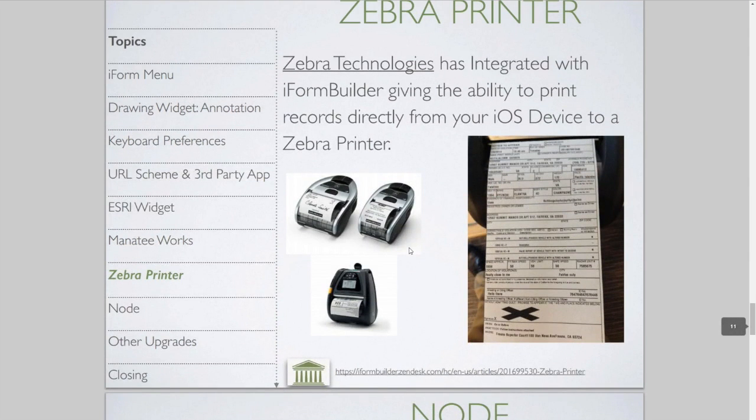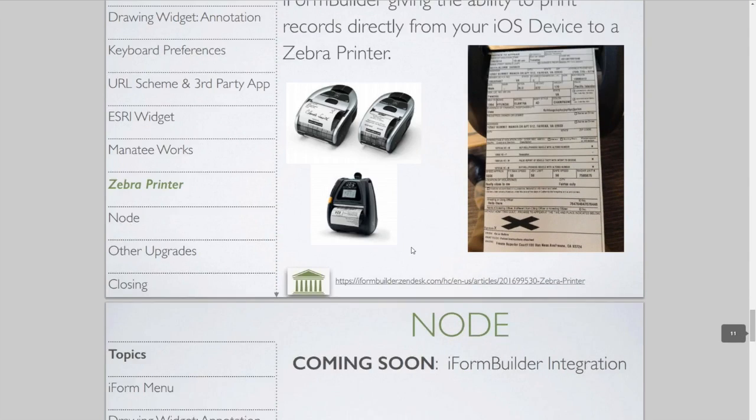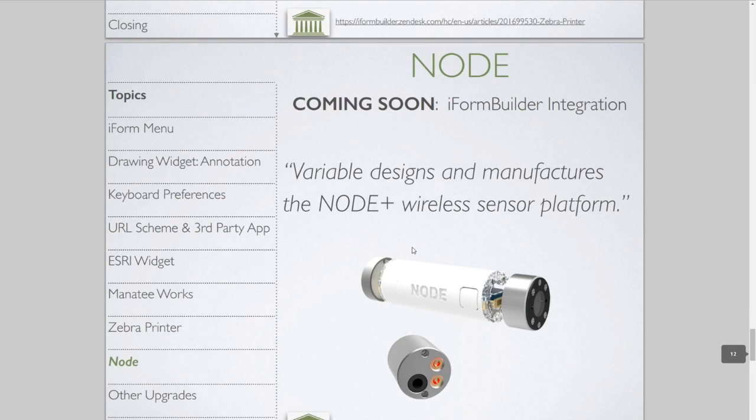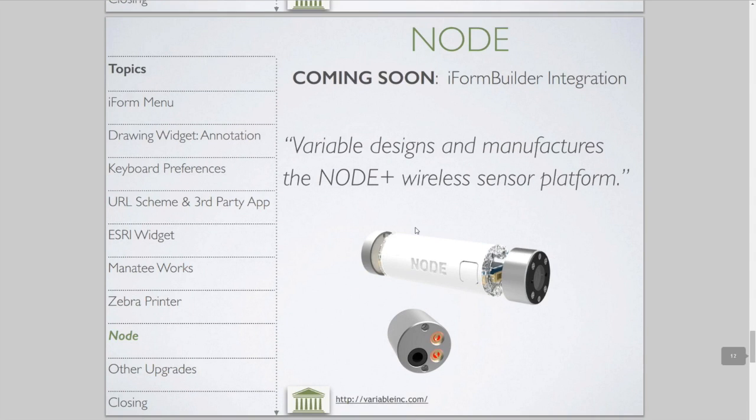So moving on to something that is coming soon is Node. And Node is a great tool. We're really excited about this one as well. For those who don't know what Node is, it's a little tube-looking thing, a cylinder, about 4 inches long and about 1 inch in diameter.